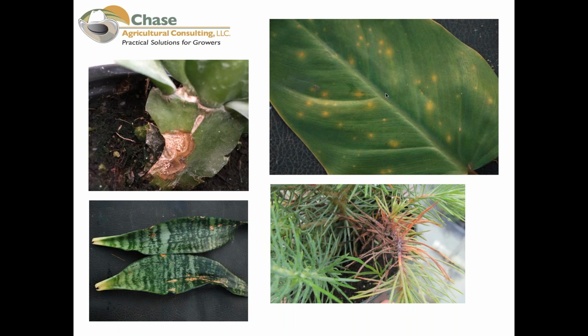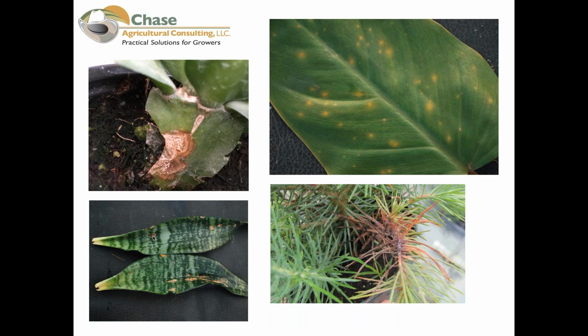Fusarium is able to cause leaf spots. Upper left corner, this is actually a Fusarium stem rot, leaf spot, depending on how you refer to Christmas cacti, but it is an aerial disease. And you can see the sporulation here in these little pustules. We also find that Fusarium, at least on some tropicals, will cause leaf spots. The mother-in-law tongue or Sansevieria snake plant, these are caused by Fusarium.